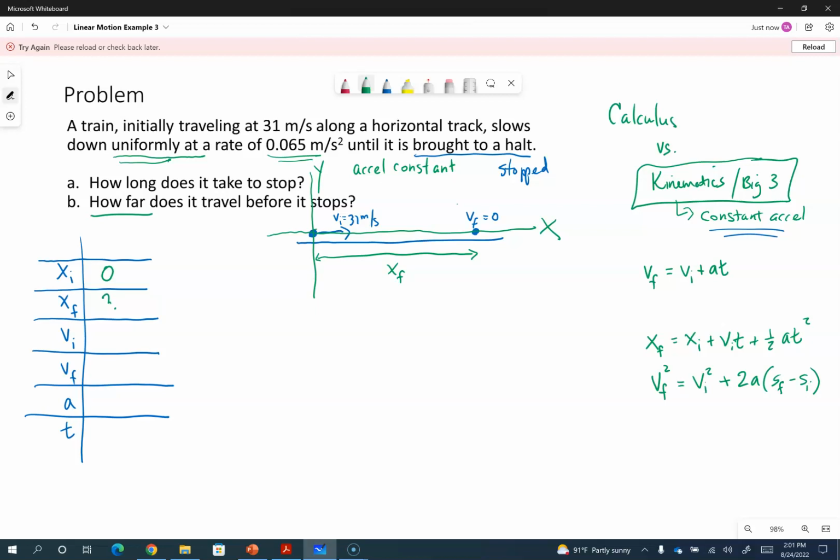V initial, well, in this coordinate system I've chosen, I know my train is moving to the right, which would be positive. And we know the train is traveling at 31 meters per second initially. Now again, the positive is based off of this coordinate system I'm choosing to use. Plus means to the right in this coordinate system. V final, we know the train stops, so V final is 0.